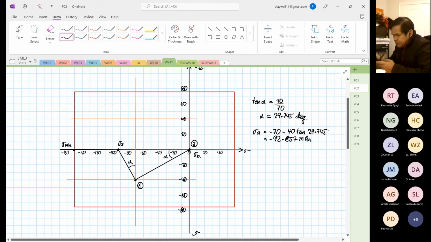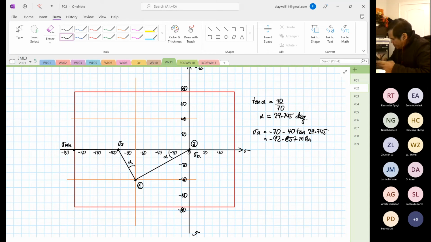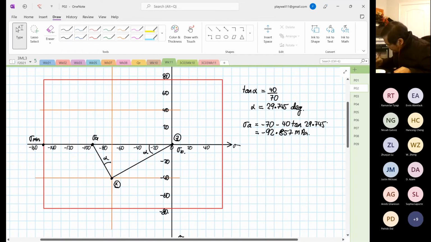Okay, 40 divided by 70 inverse tangent, right? Then tangent, and 40 divided by that is 92.857.